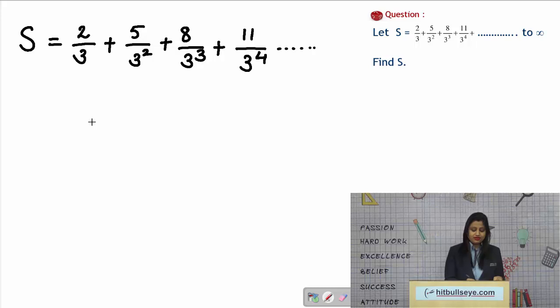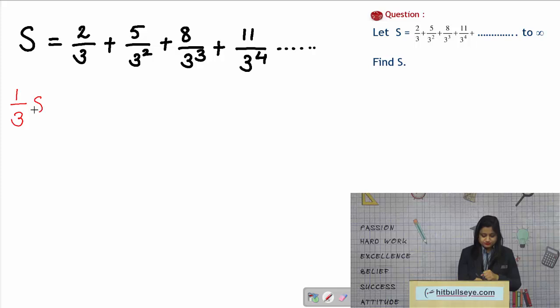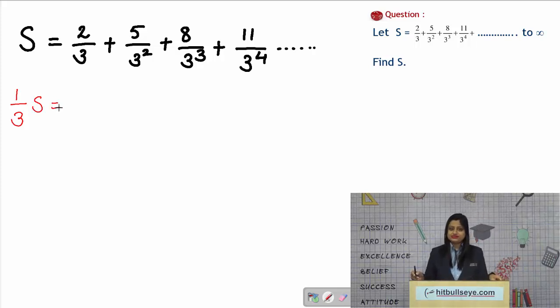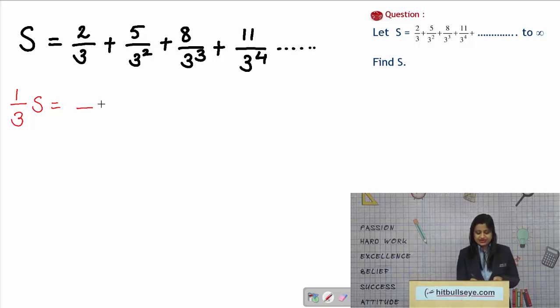First of all, we will multiply the whole series, the whole sequence by the common ratio, which is 1 by 3 in this case. So it will become 1 by 3 S. Now, what will be the first term in this case? It will be 2 by 3 square. We will leave the first place empty. We will write the first term here.